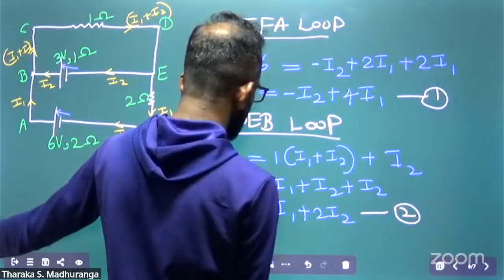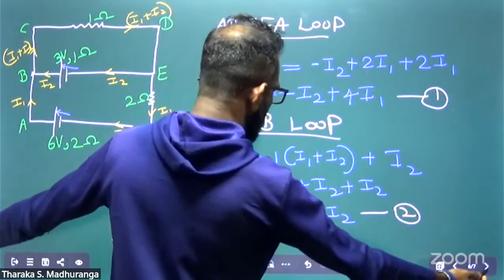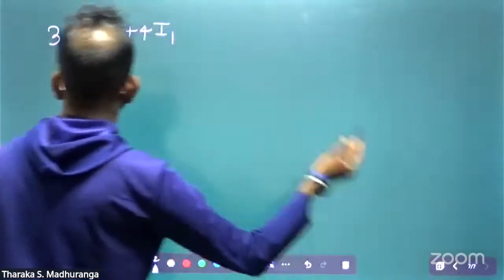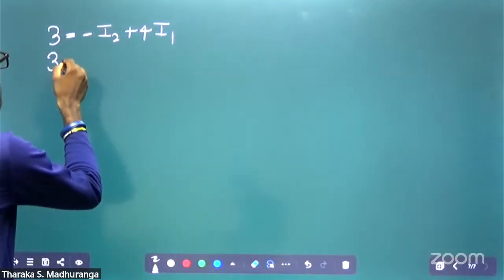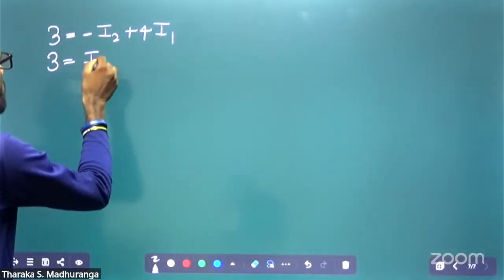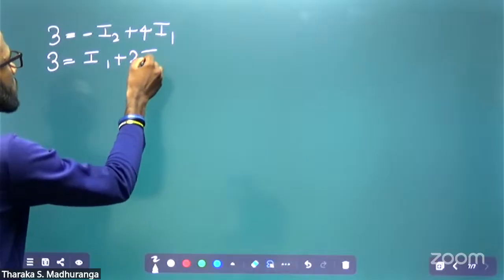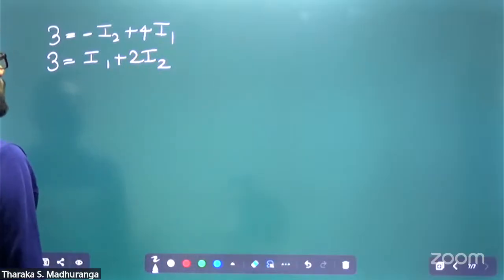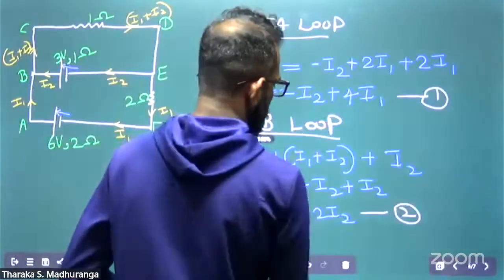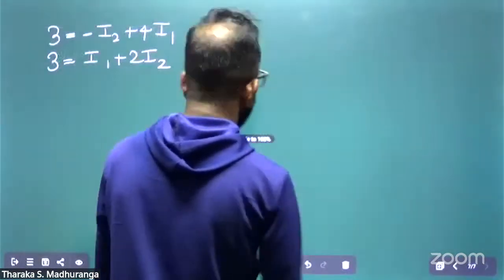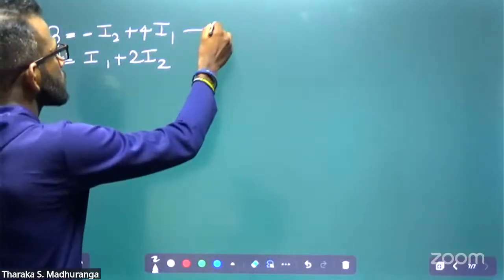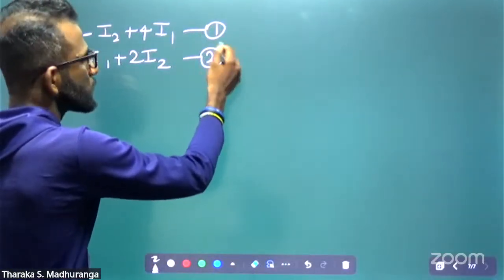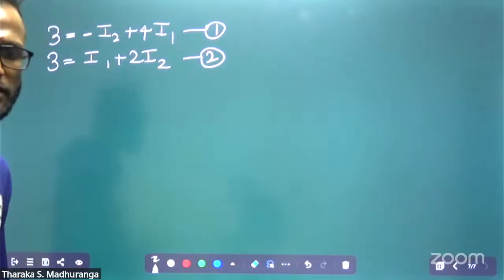Second equation: 3 equals I1 plus 2I2. Okay, correct, right? This is my first equation, and the second equation. Can you solve this one?